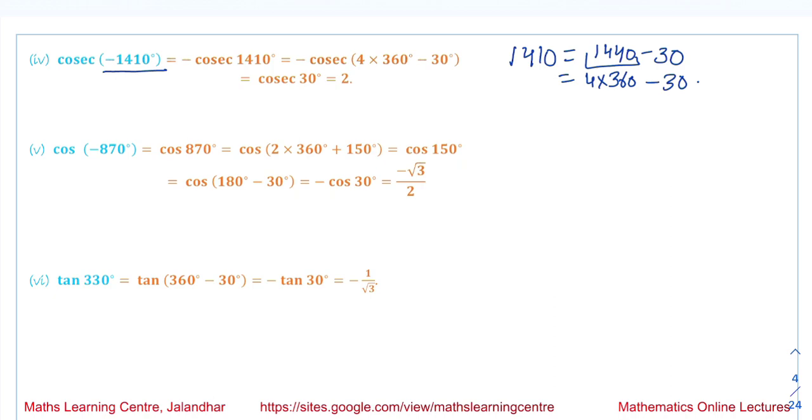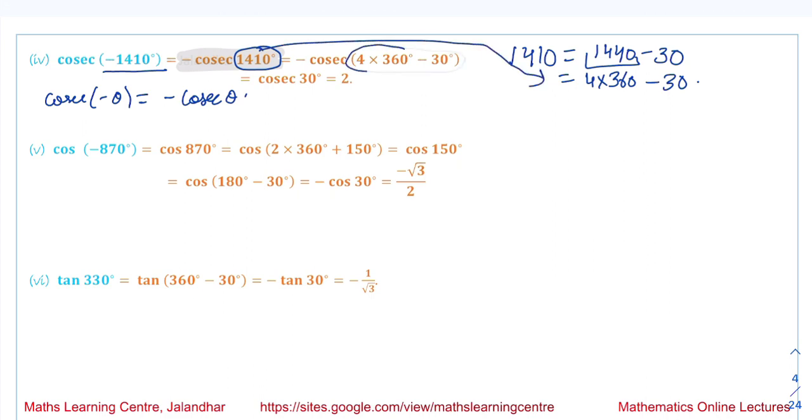So we write minus cosecant of 1410. Why is this minus sign there? Because cosecant of minus theta is equal to minus of cosecant theta. Now in place of 1410, we write the value 4 into 360 minus 30. Now 4 into 360 means 4 into 2 pi, and this is the period of the function cosecant theta. So the answer we get is equal to cosecant of 30 degrees.